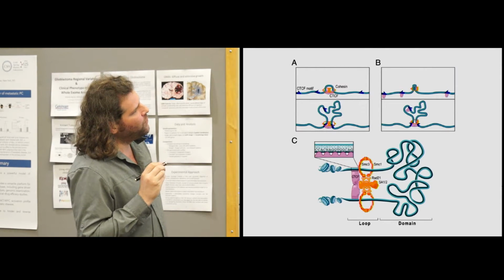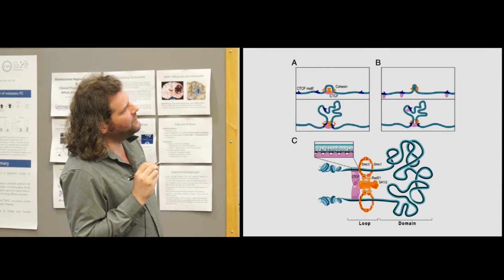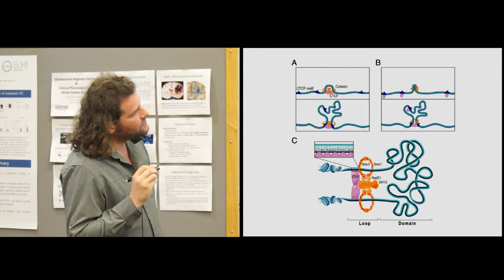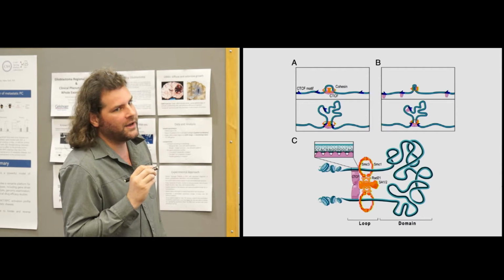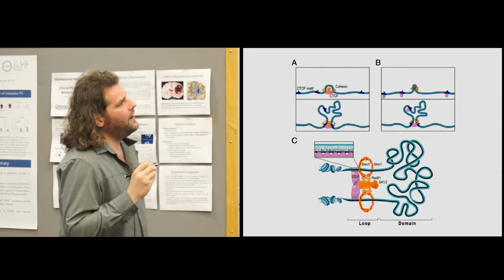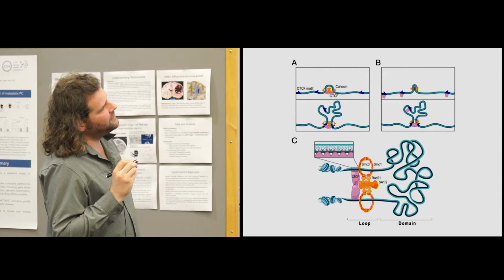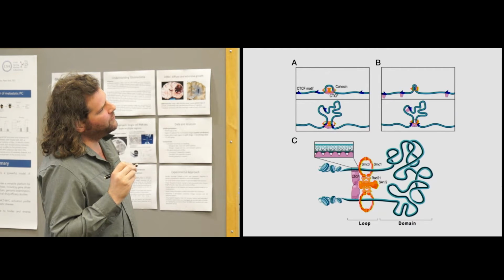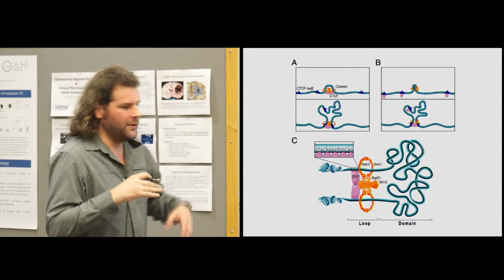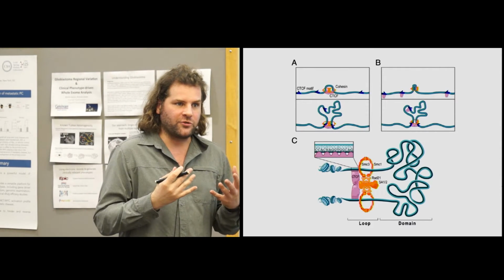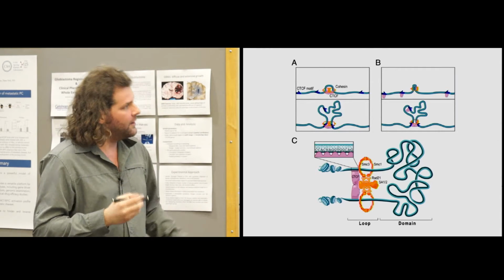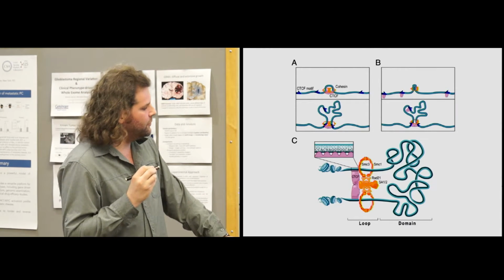Now in these two models, one is that the CTCF is actually pre-associated with the extruding complex here. In the other, it's actually already bound at its various binding sites. And then the idea is that it's sliding along, and when it reaches two sites that are in the right conformation, it's able to form this structure. And this is your insulator hub structure, right? This is what ends up forming the bases of the loops that we see.